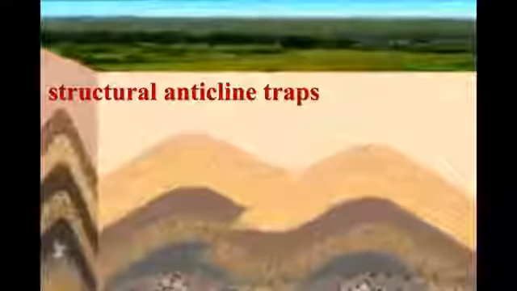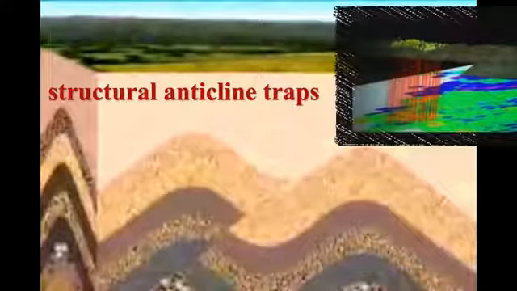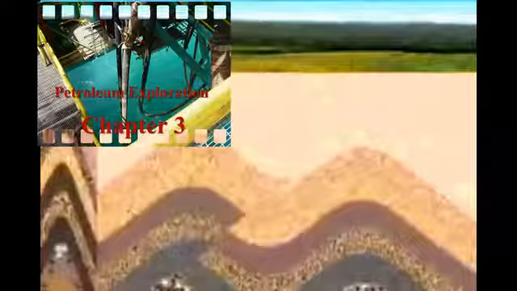With structural anticline traps, the team of engineers begins by analyzing seismic maps acquired previously during exploration to determine the spill point of the structure. If you remember from Chapter 3, when we spoke about structural oil traps, the spill point is the lowest point in an anticline trap that contains hydrocarbons.